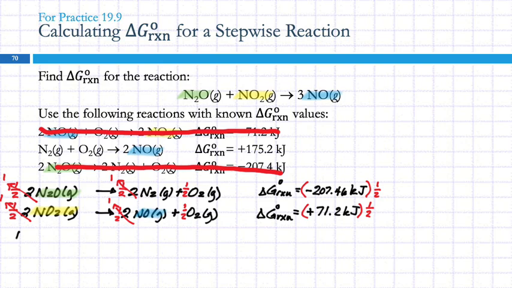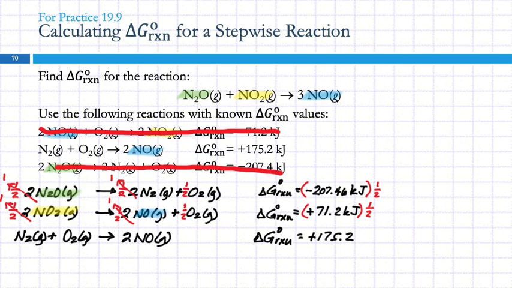We've got N2 plus O2 making 2NO, and delta G is plus 175.2 kilojoules.